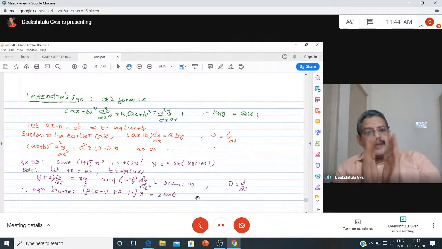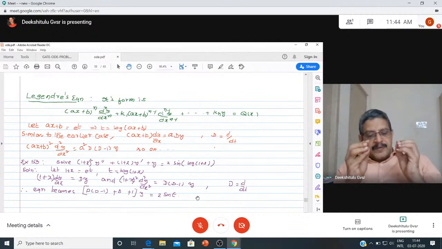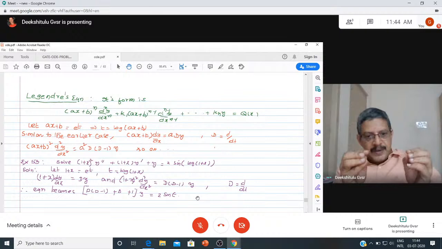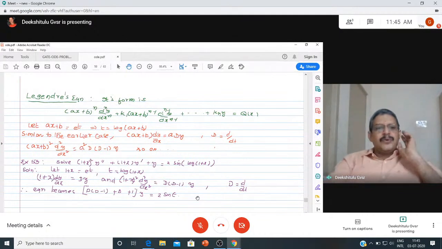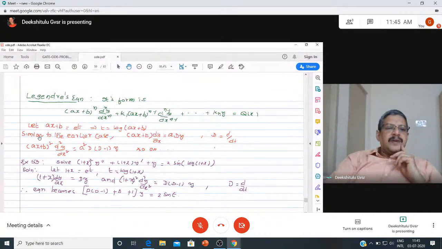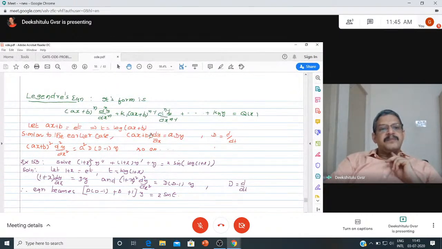So prepare like that. Understand very clearly what is happening while doing the problem, because each one of those procedures can be a question. Okay, so when ax plus b is equal to e power t, t becomes log(ax plus b).